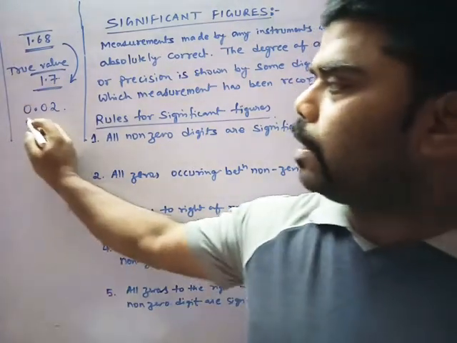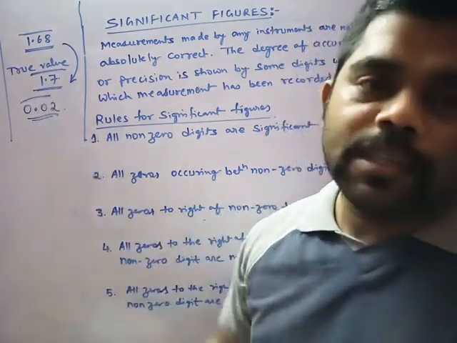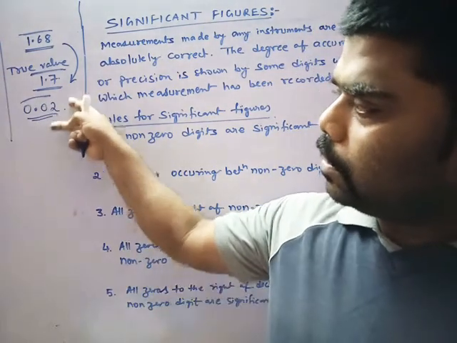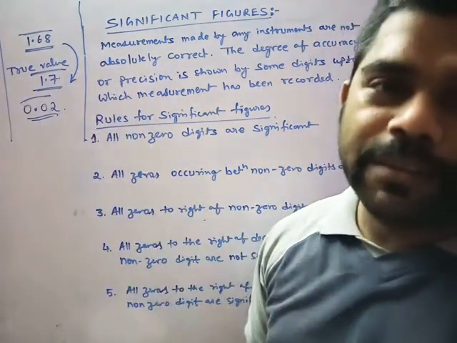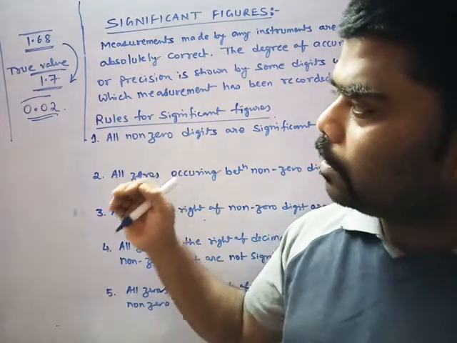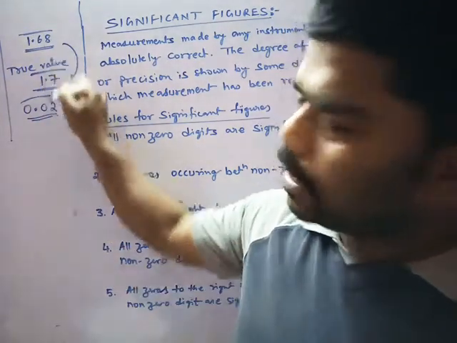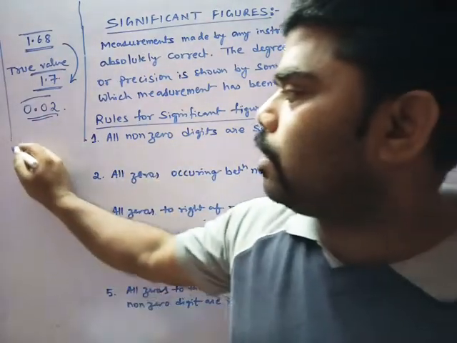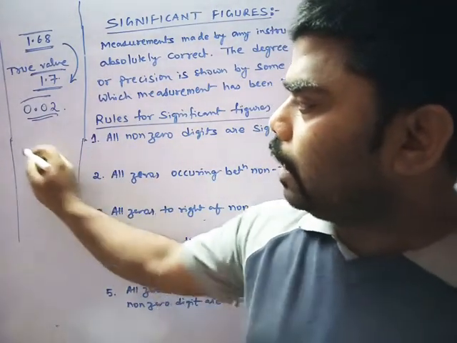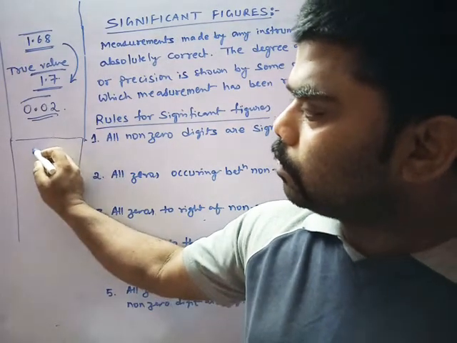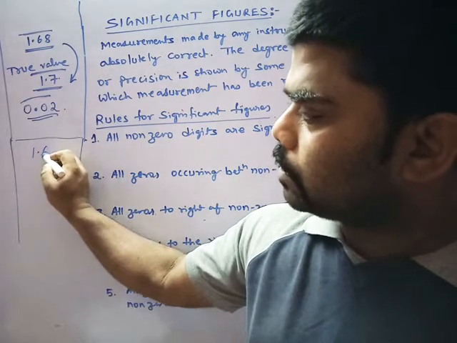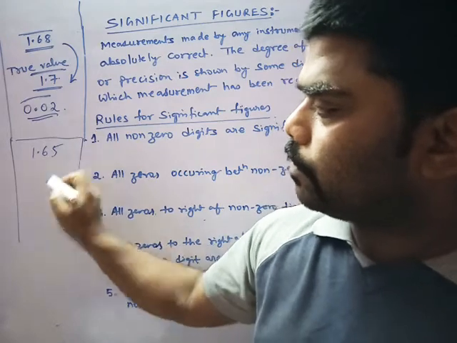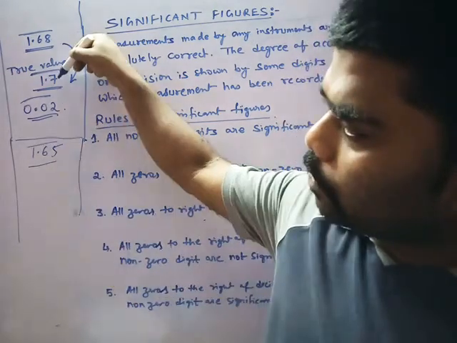So this 0.02 is the resolution. Is it right? Resolution, or better we say the difference. So here, this is done by you. Your friend also find the value of experiment and he got suppose 1.65, whereas true value is 1.7.